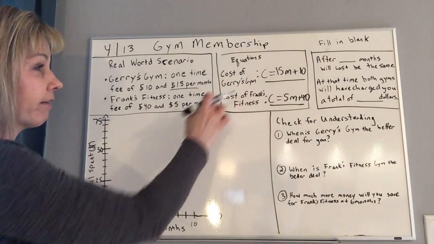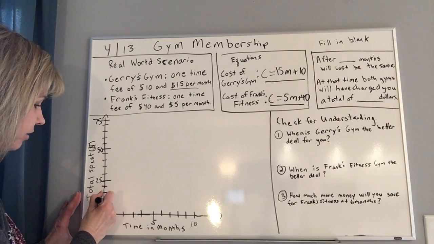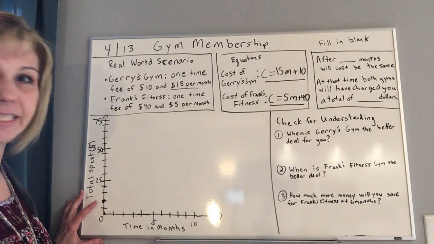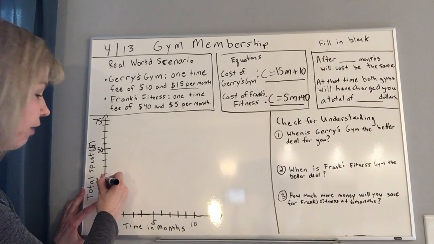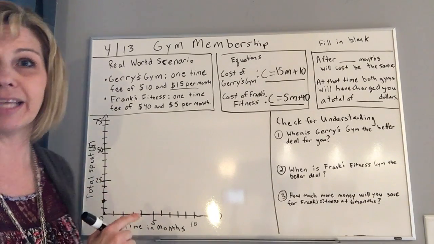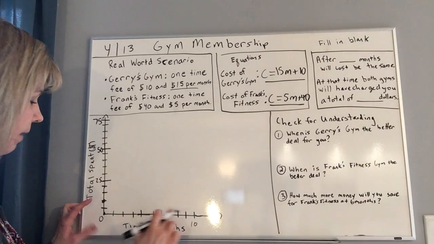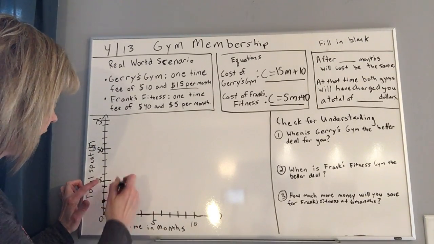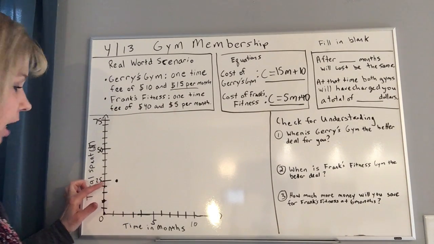Jerry starts at $10. So at 0 months, he's got to pay $10. At 1 month, it's going up $15 for every 1 month. So our slope is 15 over 1. These are going by 5s and these are going by 1s. So at 1 month, we're at $25.